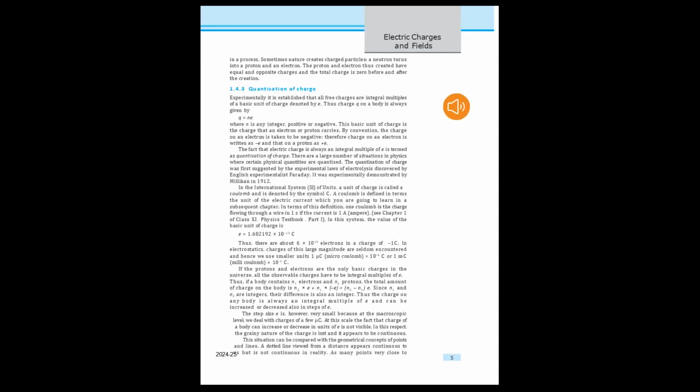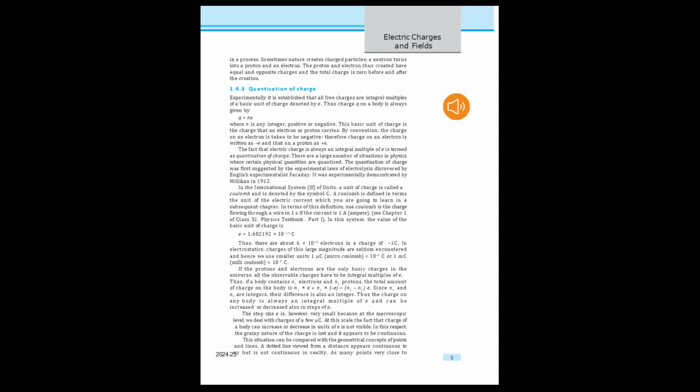The step size e is, however, very small because at the macroscopic level we deal with charges of a few microcoulombs. At this scale, the fact that the charge of a body can increase or decrease in units of e is not visible. In this respect, the grainy nature of the charge is lost and it appears to be continuous.